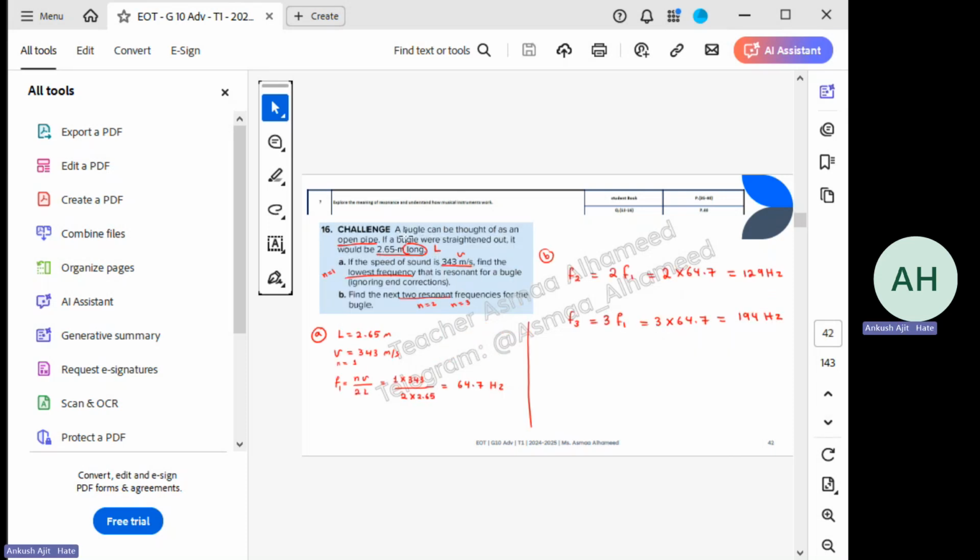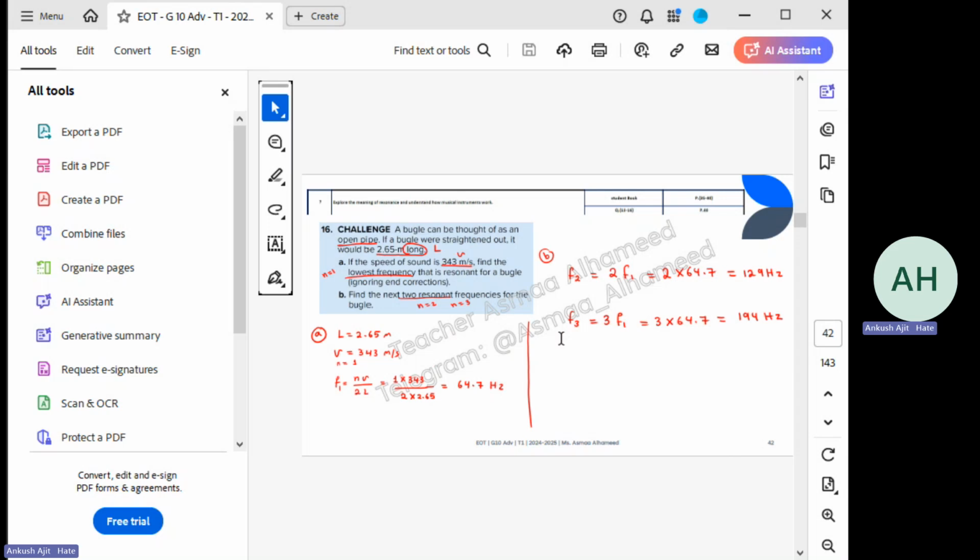These are all textbook sums which we have already solved. Many a time we have solved this. This also you can go through by the normal method. A Google can be thought of as an open pipe.